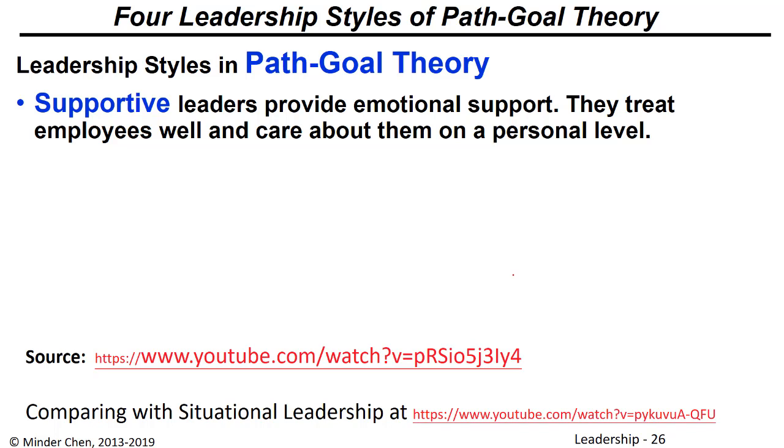So, path-goal theory, and by the way, this video actually explained path-goal theory pretty well. I strongly encourage you to watch this video. If you're also interested in another contingency theory, called situational leadership, very similar to path-goal theory, here's another video explaining that, but definitely watch this one.